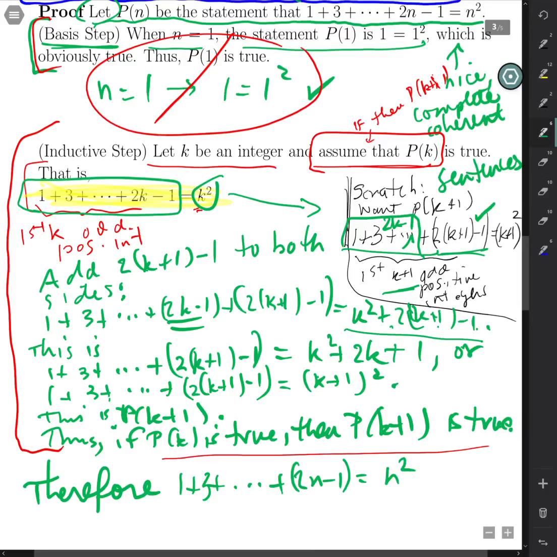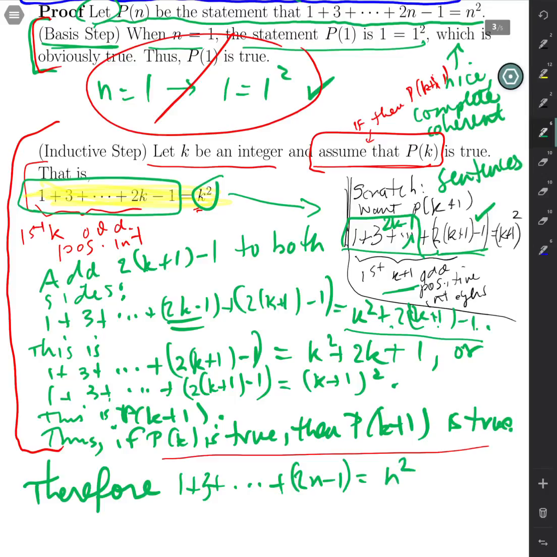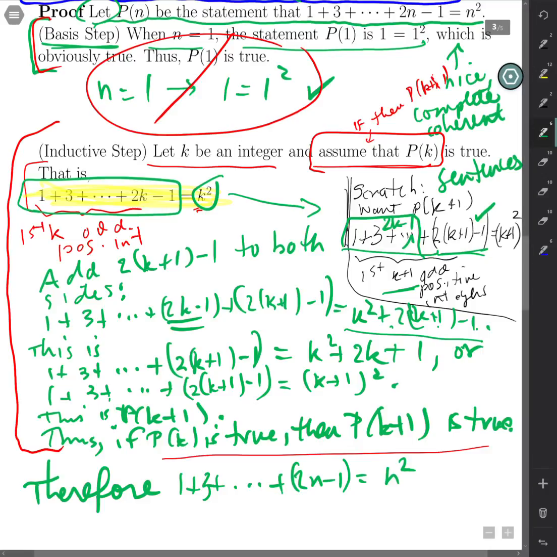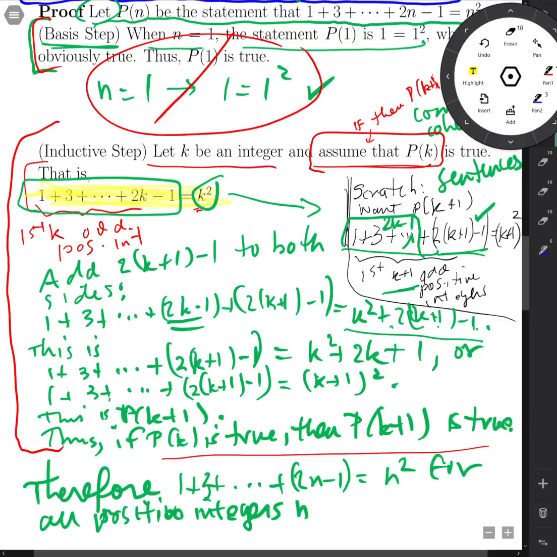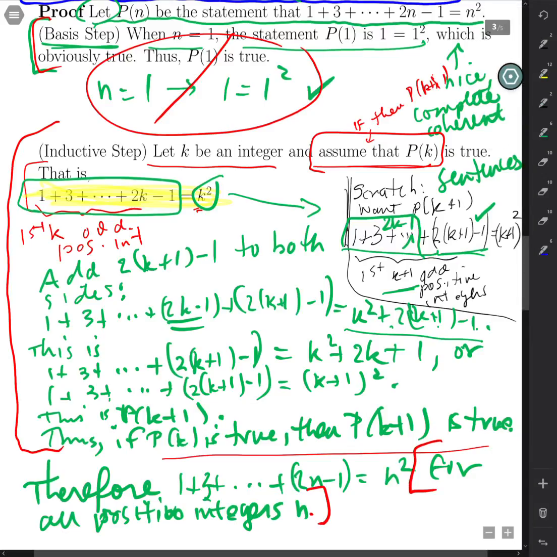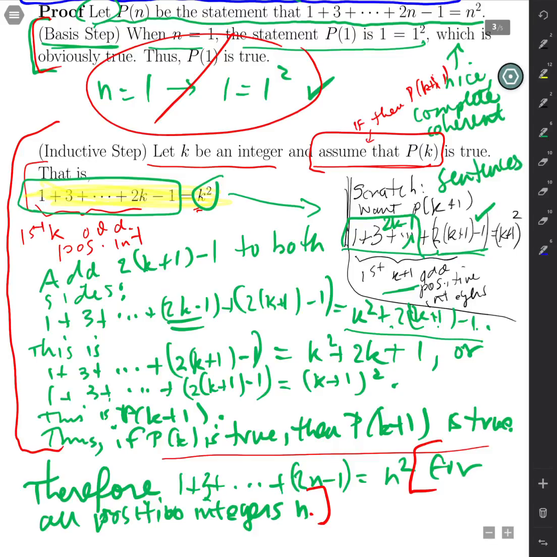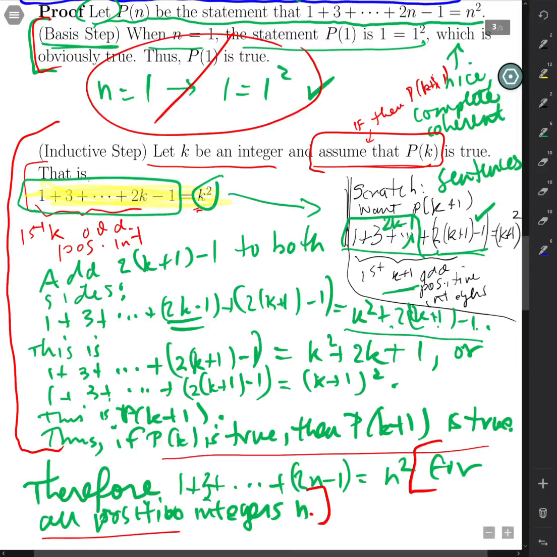And I have one more thing to say here. Which n is it true for? For all positive integers n. And by the way, notice this is the first time and only time I've used that phrasing in here, because it's the first time any of the statement regarding all positive integers n. So there it is.